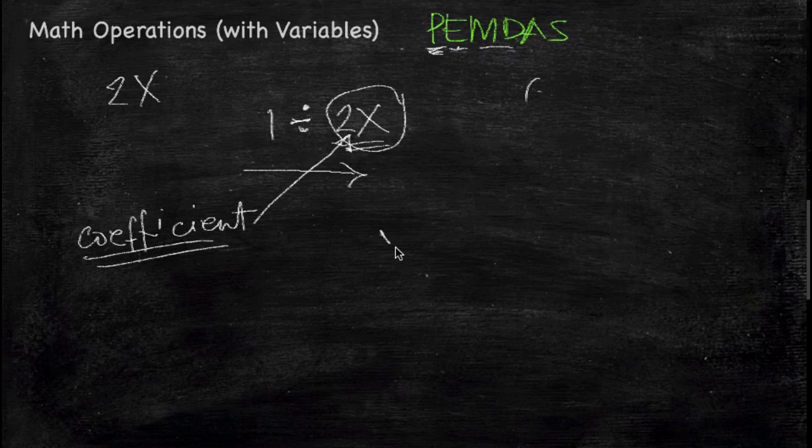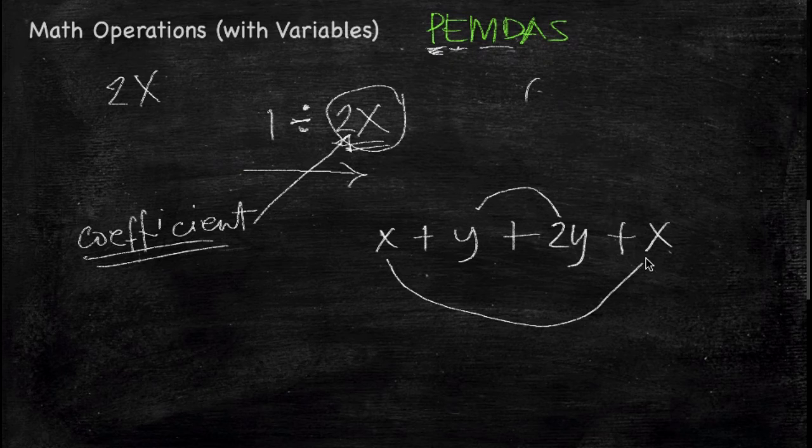So, x plus y plus 2y plus x. So, alam mo na ito rin i-combine. Ito din ay i-combine. Hindi mo pwedeng i-combine yung x plus y. We know that. Now, ang tawag dito sa mga to ay terms. So, each of these, we call that an algebraic term.